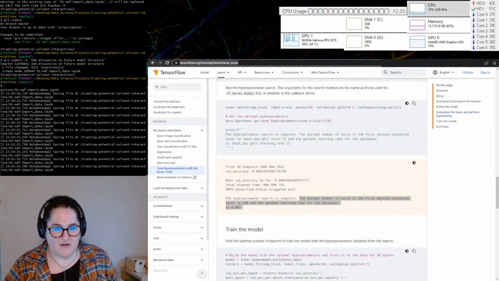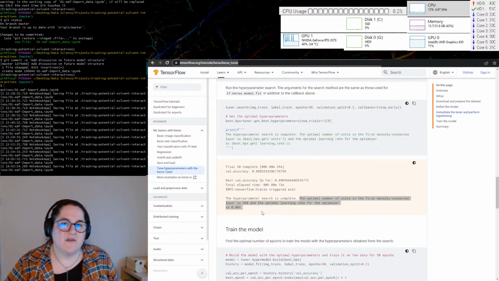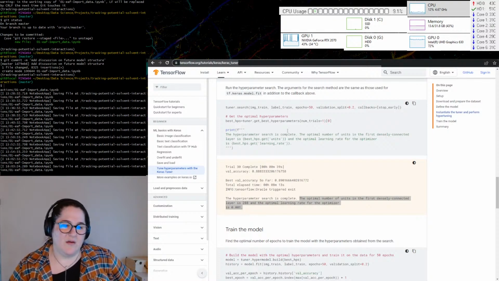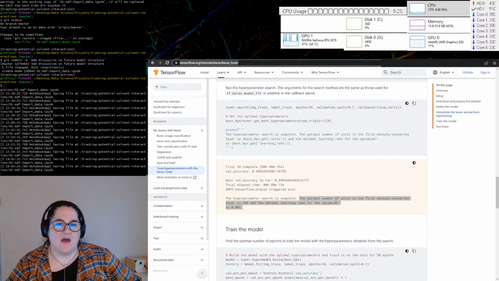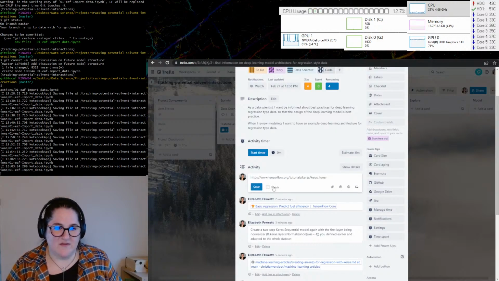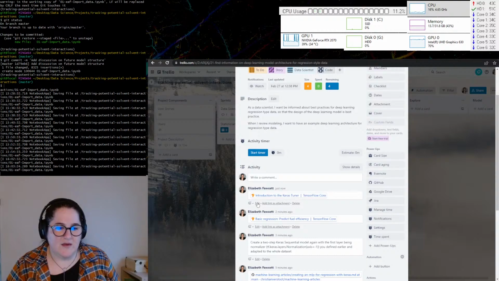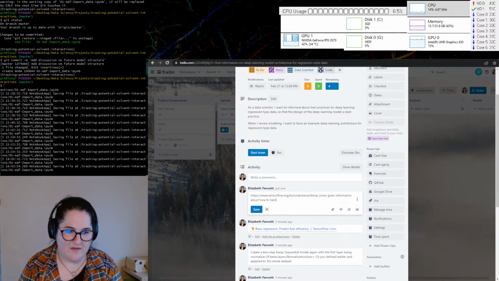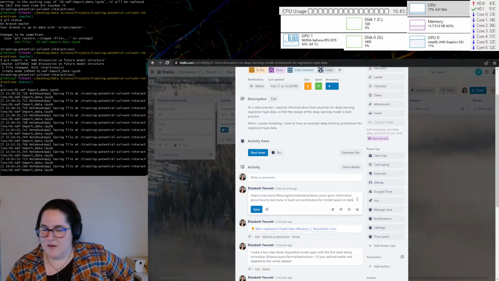Like here it says the first densely connected layer is 288, so you'd want to have at least that many nodes in your first layer. And then you have the learning rate optimized. So basically, I think I want to do that here. It gives information about how to best tune or build out architecture for a model based on data, which I think is pretty cool.